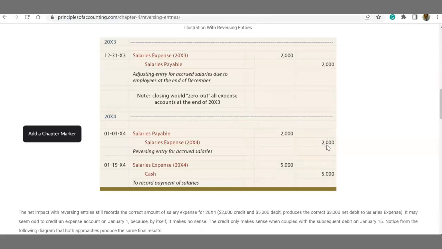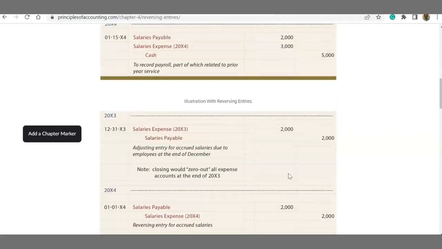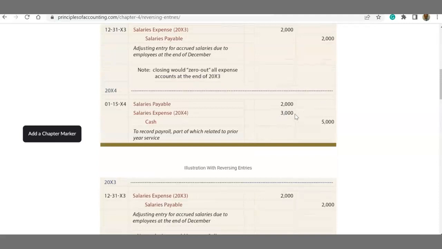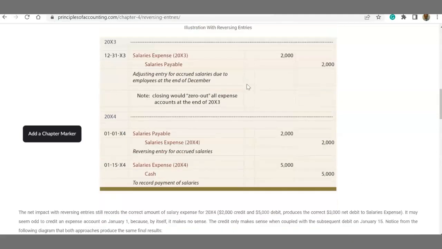However, because the salaries expense here is already having a deficit of 2,000, right on January 15, if you look at your salaries expense T account, it shows $3,000 of salaries expense, which is exactly what it should be. By doing reversing entries, just one reversing entry will save so much confusion and probable mistakes in the accounting department and payroll department.